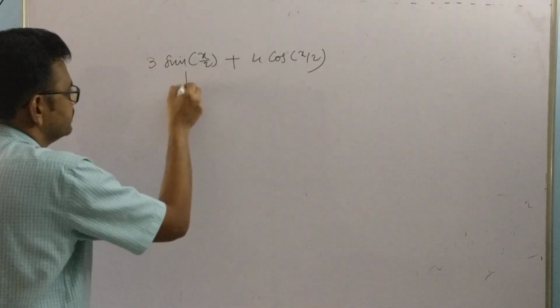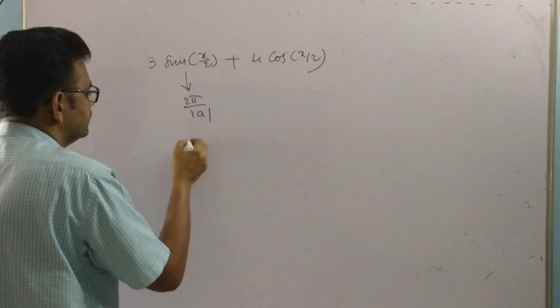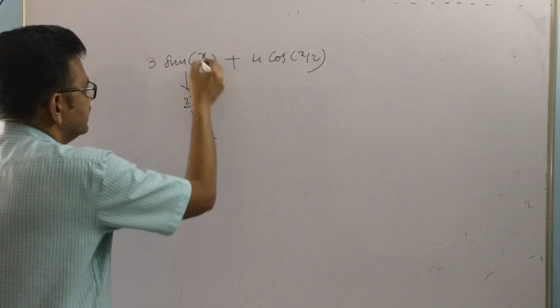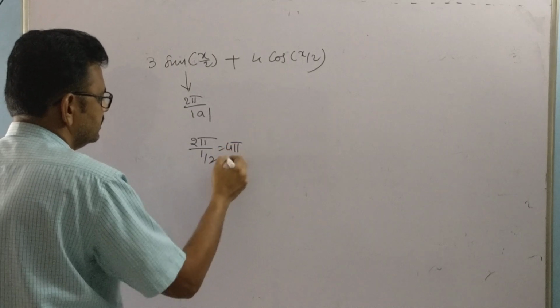What is the period of this? 2 pi by mod a. Here a is 1 by 2, so the period is 4 pi.